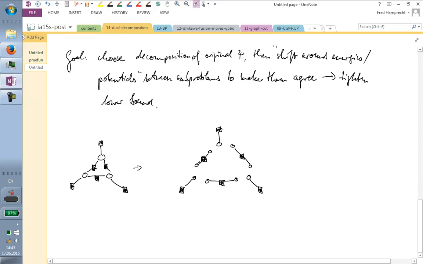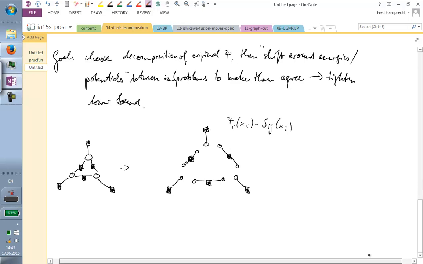And now we can start pushing around mass. For example, I can say that this guy here, psi I of xi, is going to give a bit of its energy to this pairwise potential here.